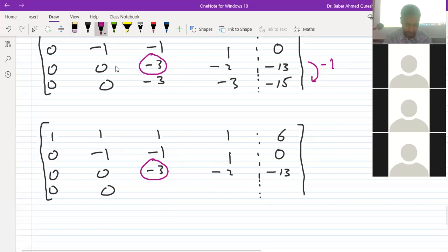And what do you get over here? You get a 0, a -1, and a -2. So you have brought this to a strictly triangular form.